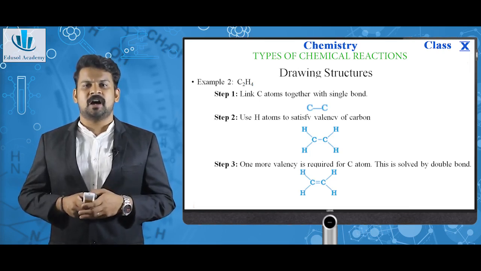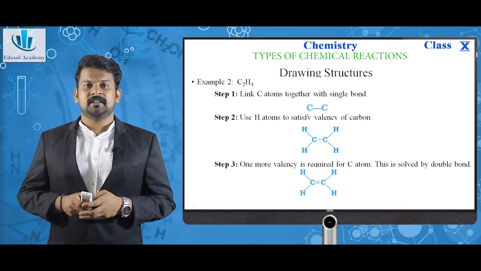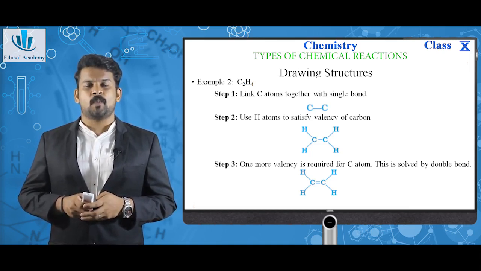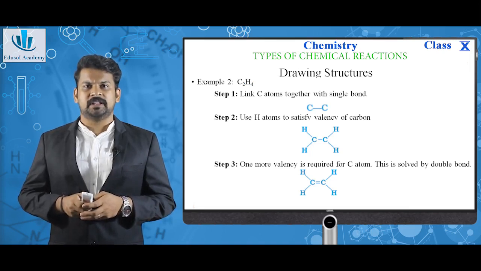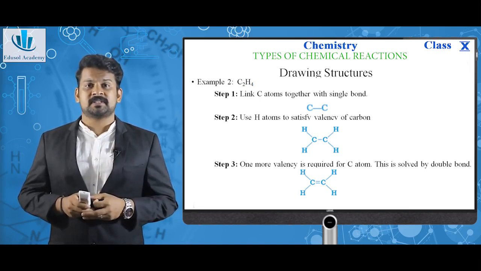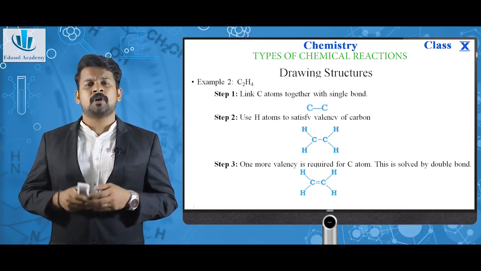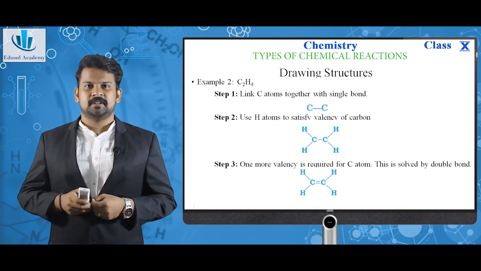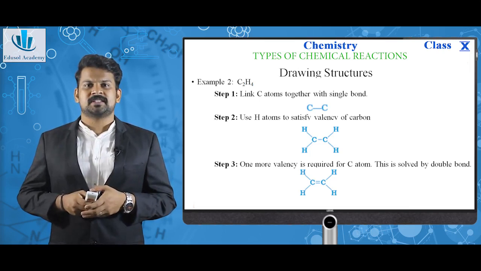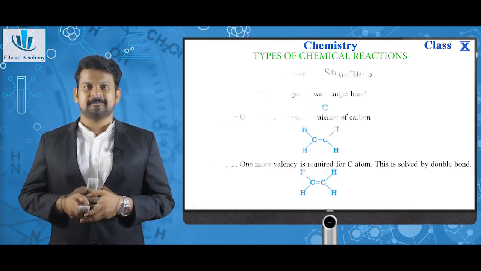The 4 hydrogen are finished. Now, the last step, checking that carbon's valency is satisfied. Viewing here, carbon has only a valency of 3. Carbon must have a valency of 4. This can only be compensated by putting a double bond between the 2 carbons. So, the final structure CH2 double bond CH2 is the structure of ethene.